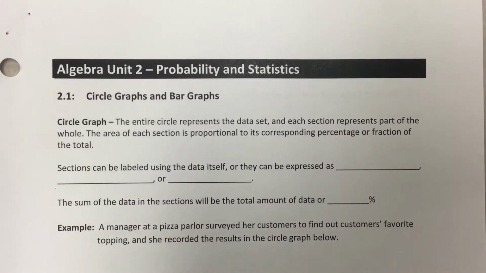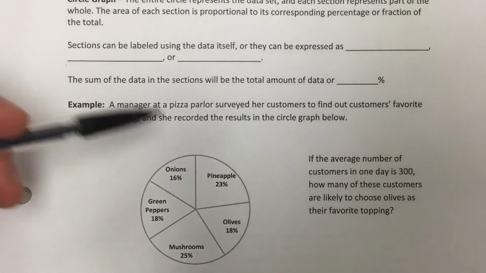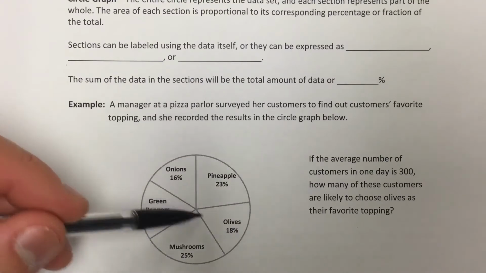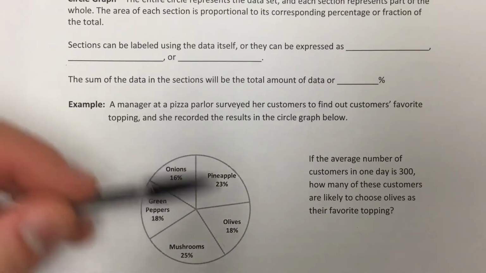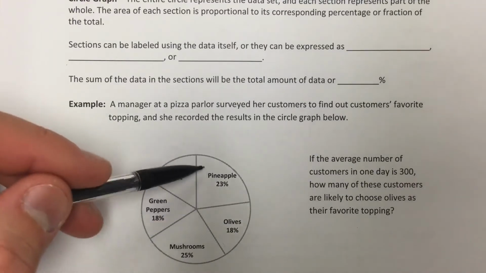The area of each section is proportional to its corresponding percentage or fraction of the total. So if you look down here, the mushroom says 25%, so that is actually 1/4 of the entire circle. It's not a tiny little bit or almost all of it.